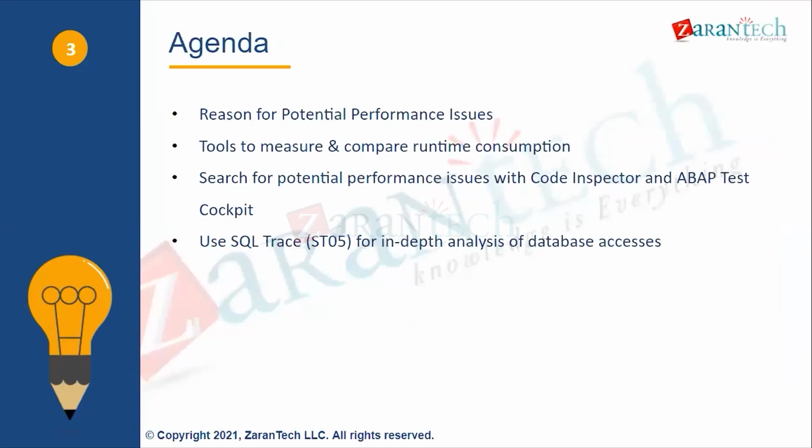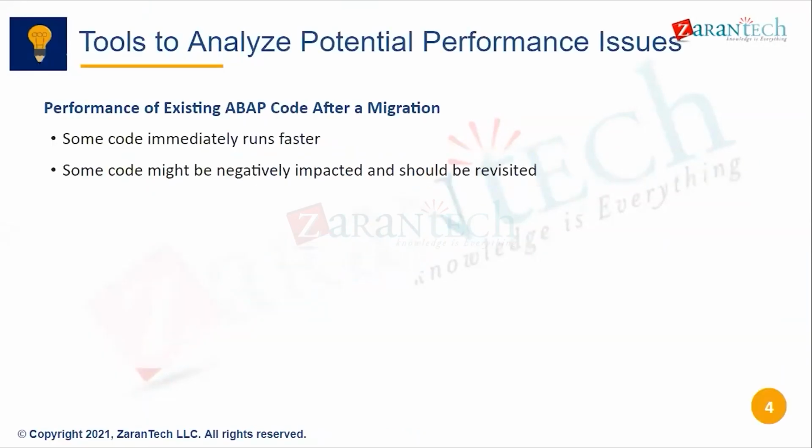What is the reason for the performance issue, what are the tools we use to measure and compare the runtime consumption, and how we can search for potential performance issues using the two tools we discussed earlier, Code Inspector and ABAP Test Cockpit. We also use the SQL trace, transaction code ST05, to do an in-depth analysis of the database accesses. These are the topics we'll be covering in this presentation.